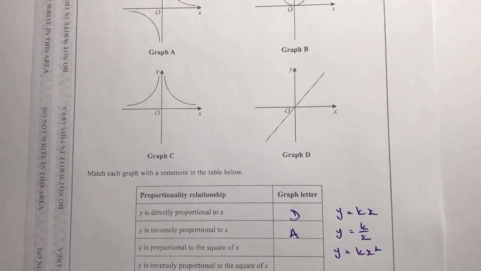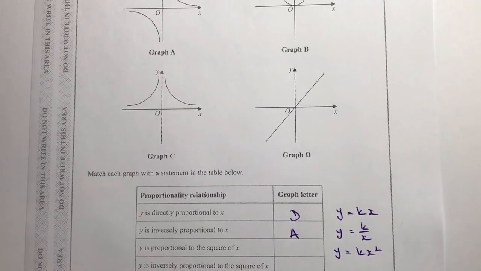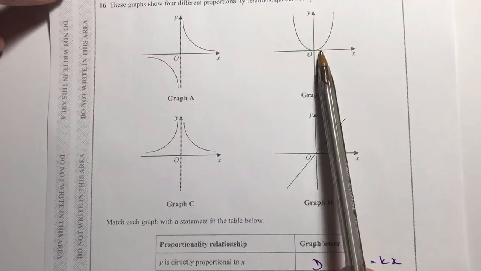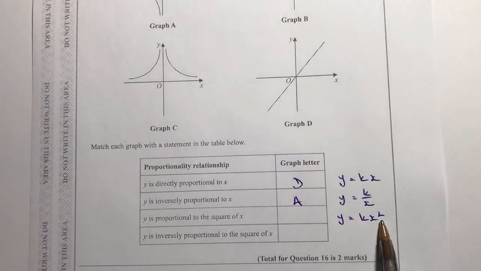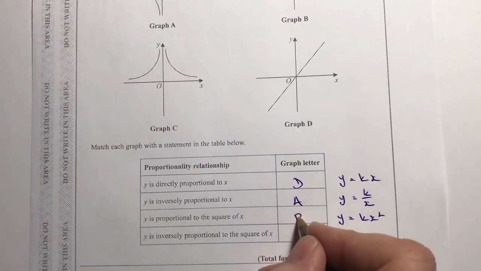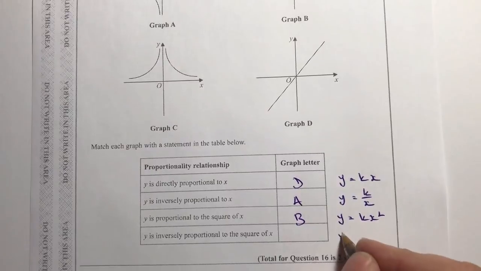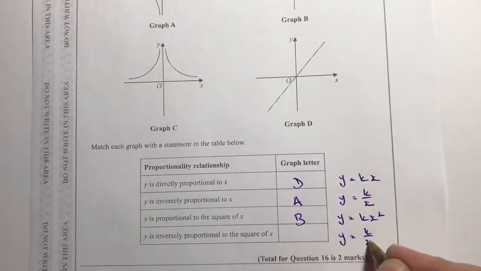Again, you either know it or you don't. But if you remember about quadratic equations, they include the x squared term, so it's going to be graph B. And then finally you've got y is inversely proportional to the square of x, so y equals k over x squared.